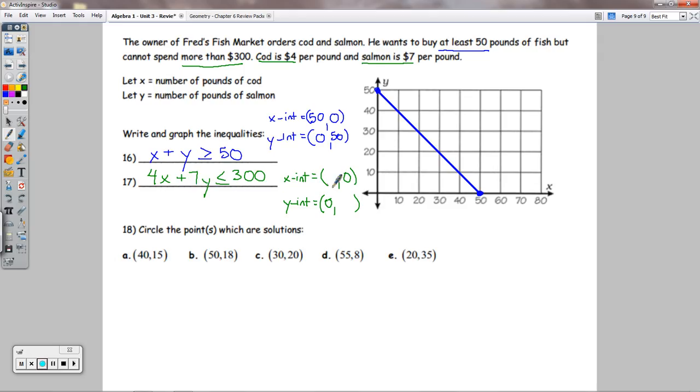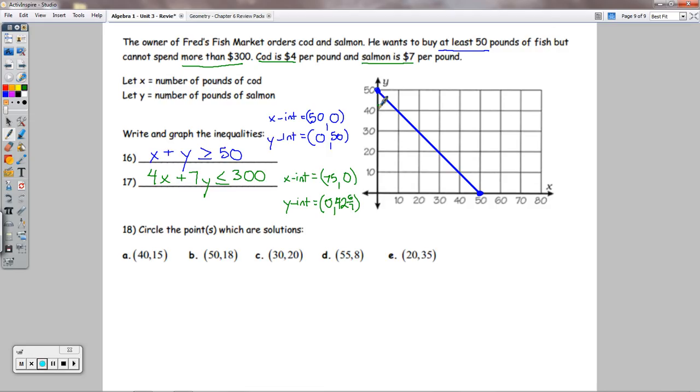So that's what's going to go in right there for the x-intercept. If you plug in 0 for x, this goes away. And then this would be 300 divided by 7 would give you the number that works right there. 300 divided by 7 ends up being 42 and 6/7. So that would be your y-intercept.